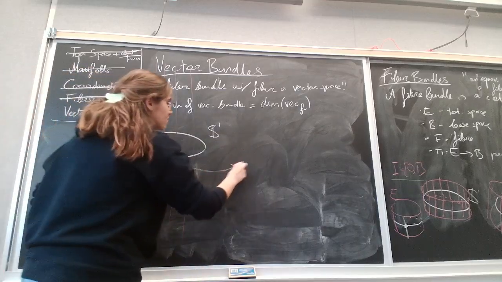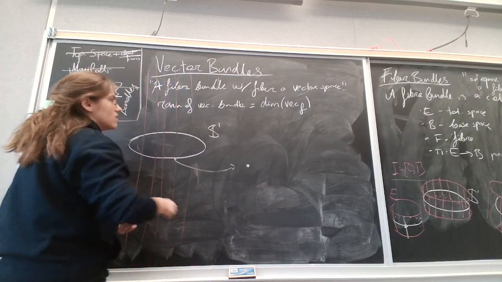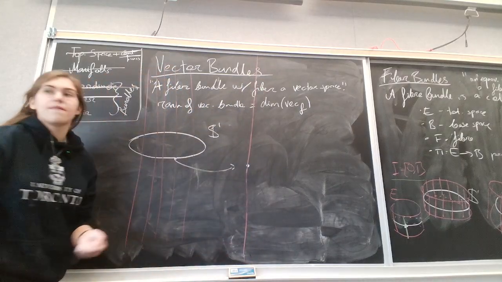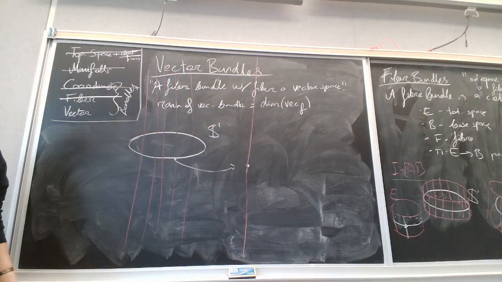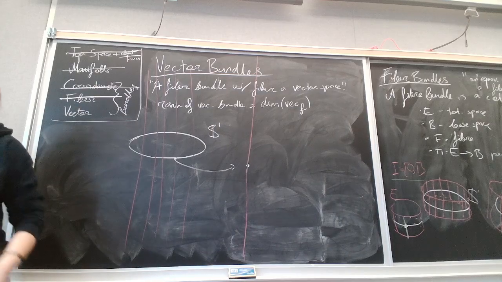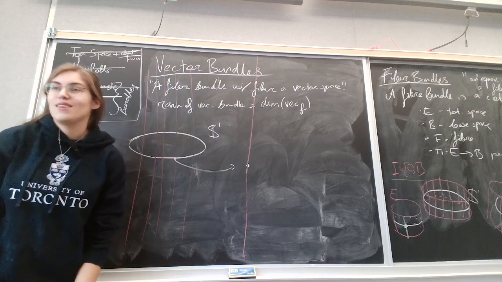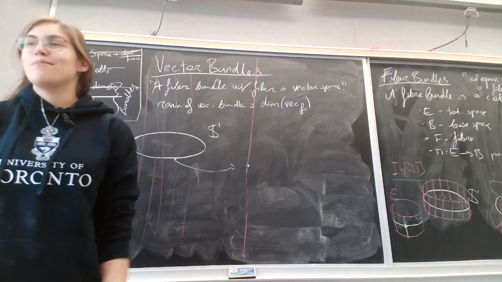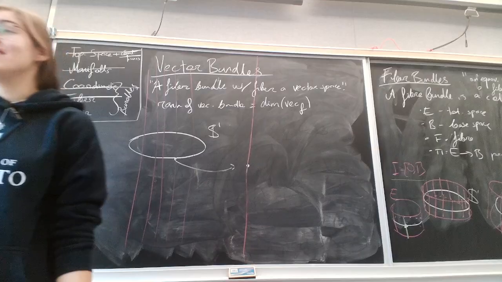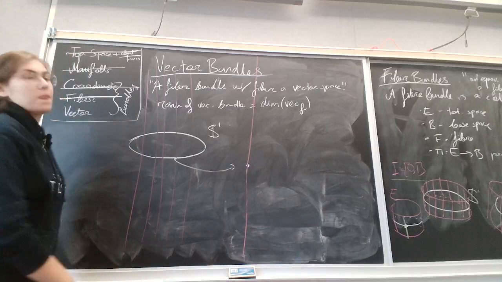We take this point, and we look at what's going on in the total space. What kind of vector space is that? What's the rank of this vector bundle, or the dimension? One dimension. Yes, I attach a one-dimensional vector space at every point.